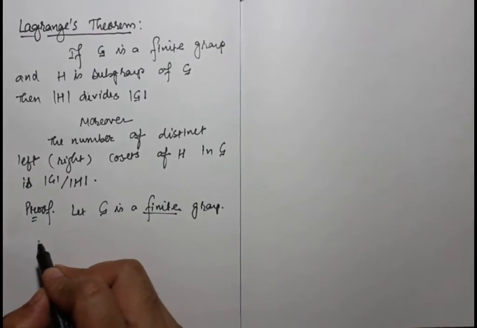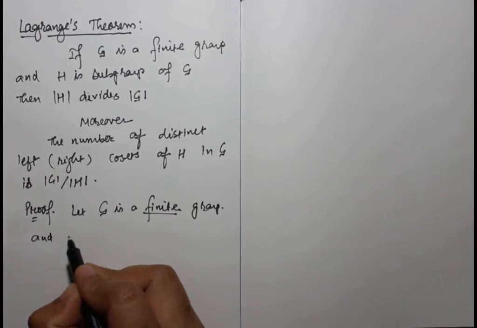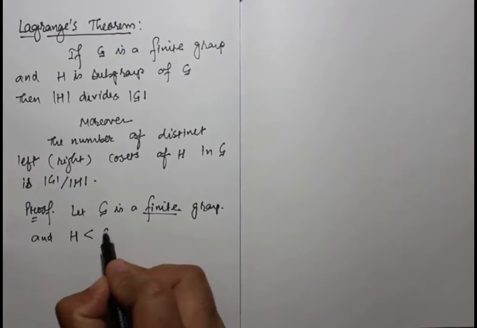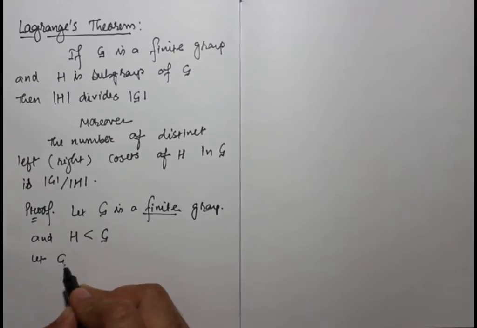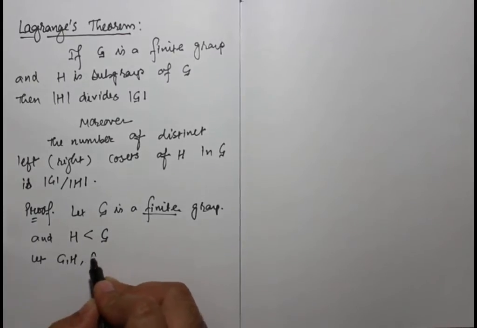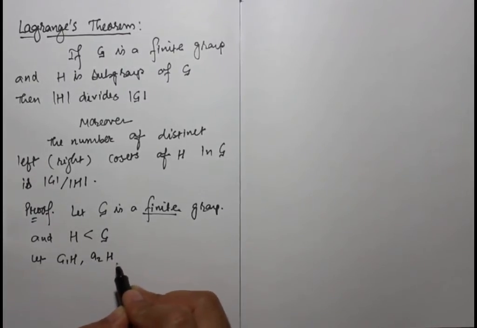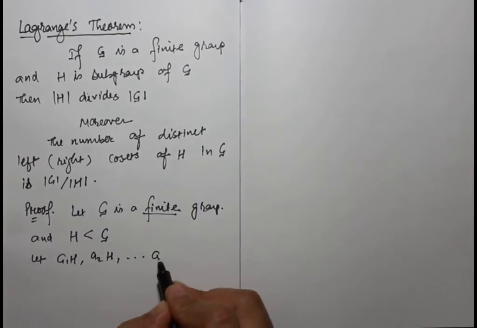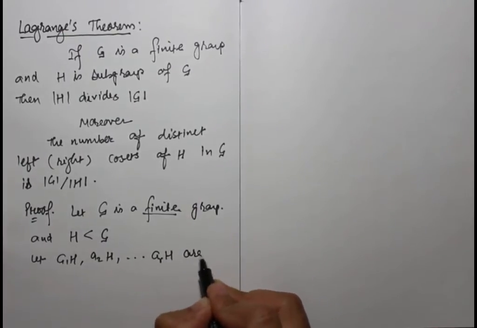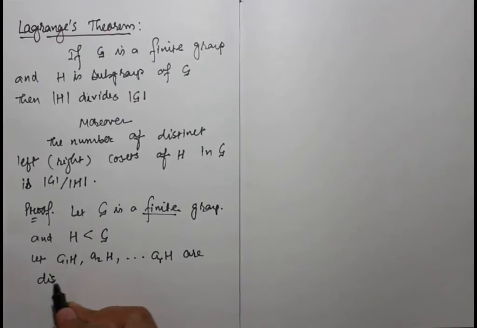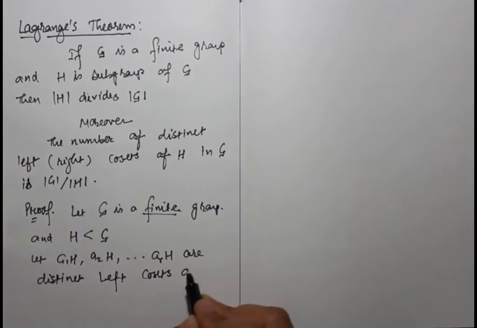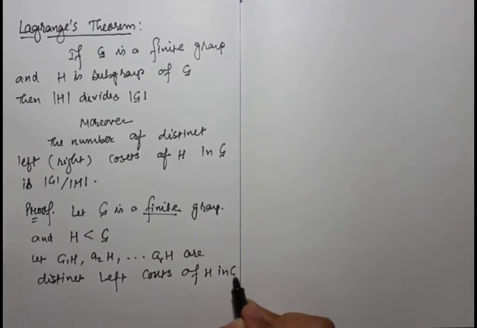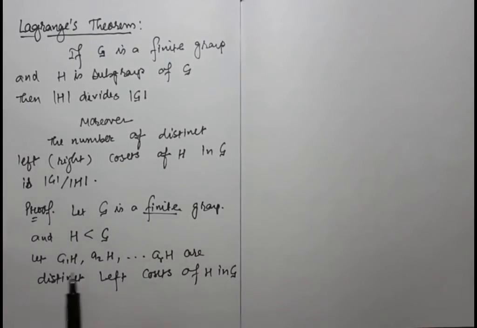And H be a subgroup of G, and let A1H, A2H and so on ARH be the distinct left cosets of H in G. You can define right cosets.